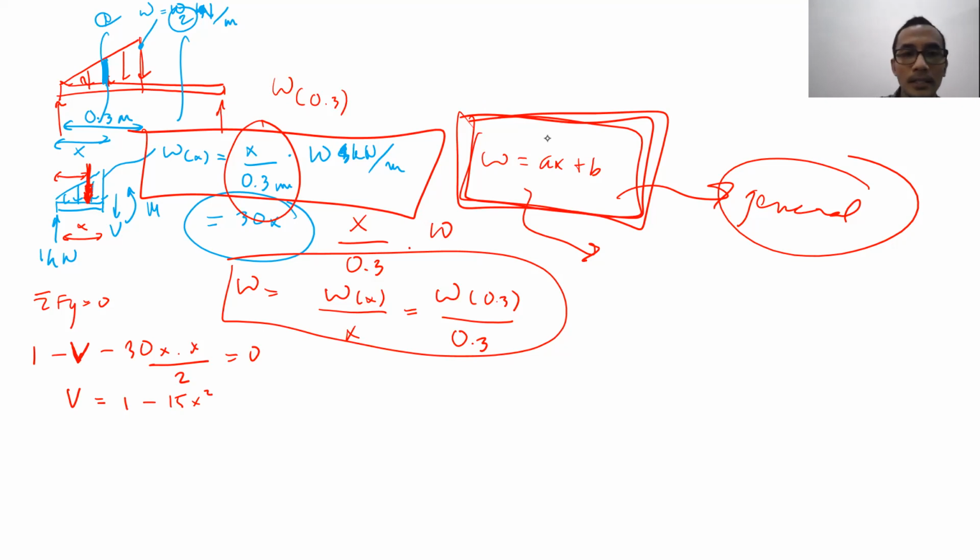Then the next thing that I will discuss about is, wait a minute, let me check. Sir, if we find the moment for the triangle distribution, is that when we finally decide to use the 2/3 of the way? Yes, correct.